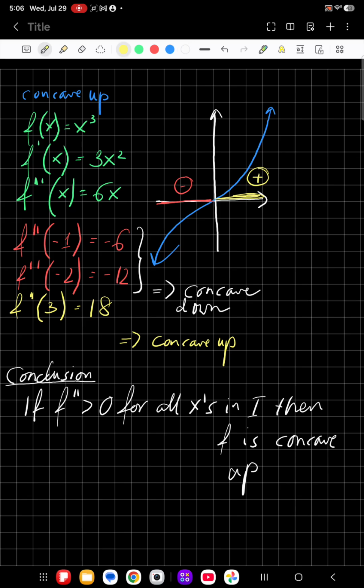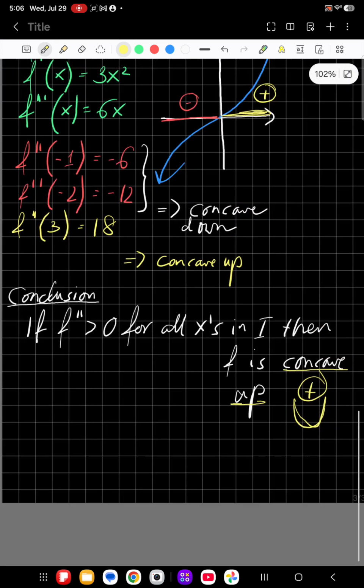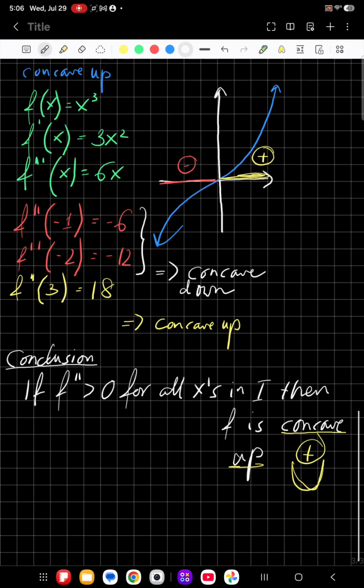Yes, I was using yellow for that concave up. Right, so concave up, positive. And the other part of that conclusion is that when f double prime is less than 0, then f is concave down.